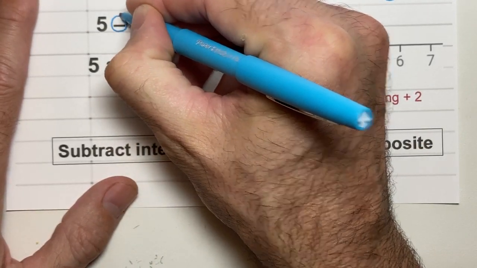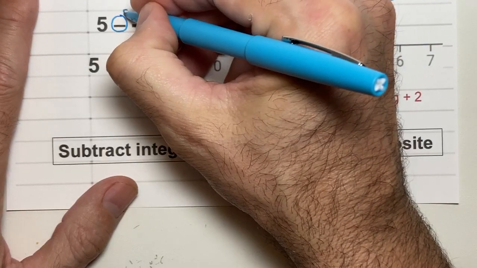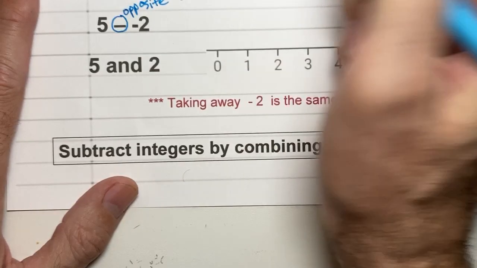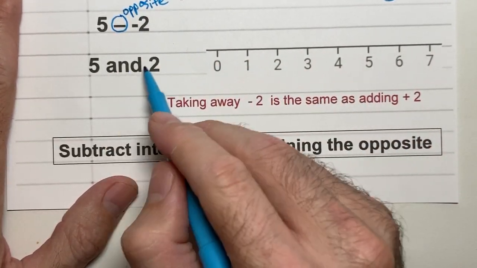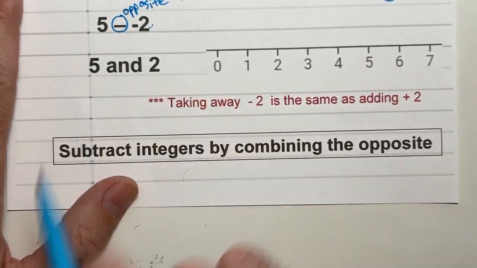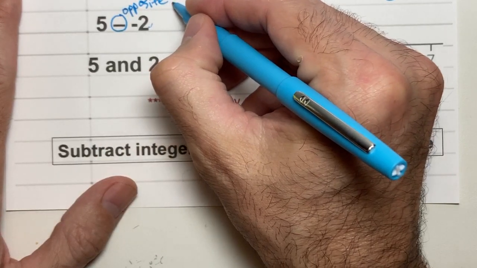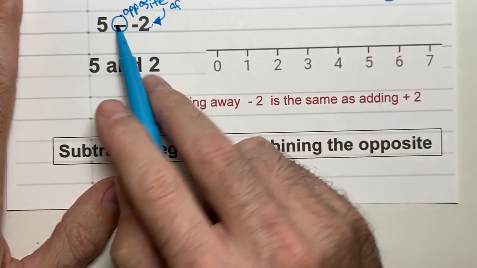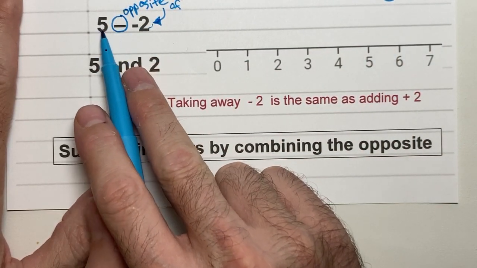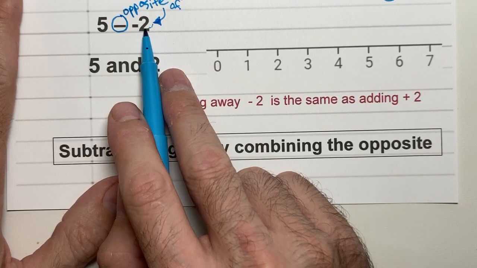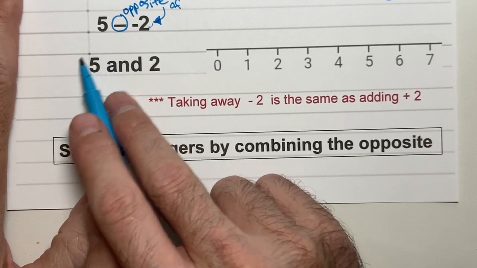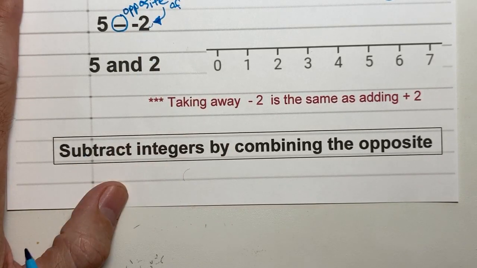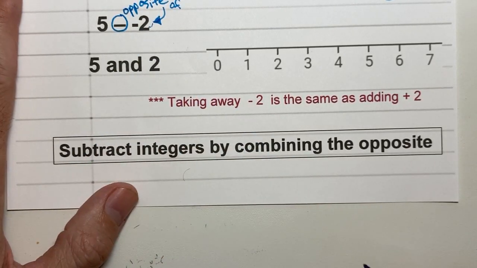Instead of subtracting, let's do the opposite and combine, putting together the opposite of 2 negatives. So the opposite of taking away 2 negatives: we have 5 positives and 2 negatives. What's the opposite of -2? Positive 2.